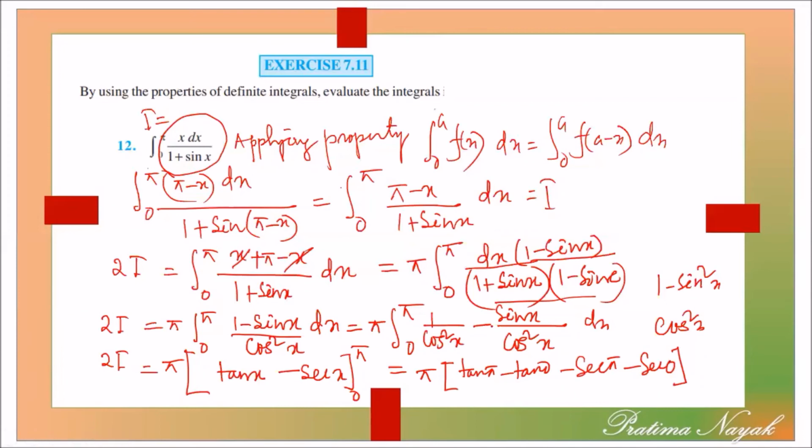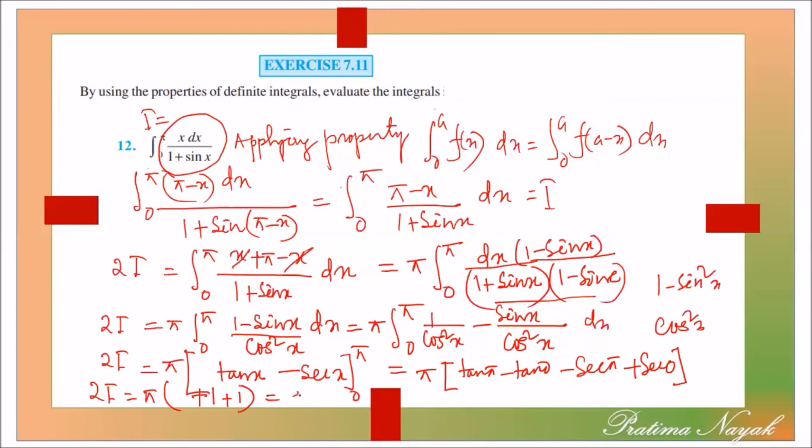So how much will it be? It will be plus 0 here. So twice I will be pi into, this will be minus 1 because we are writing minus here. Minus sec pi is minus 1. So minus 1 minus, plus 1, plus 1.